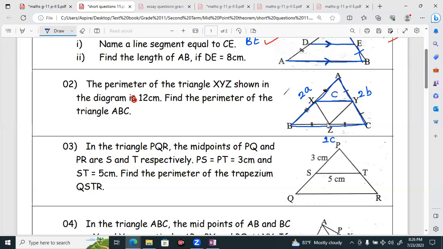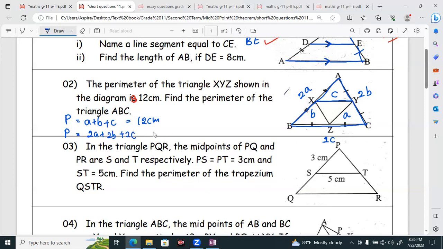So it is C. ZY is A. XZ is B. Then the perimeter of XYZ is A plus B plus C, which equals 12 centimeters. Then the perimeter of triangle ABC is 2A plus 2B plus 2C.